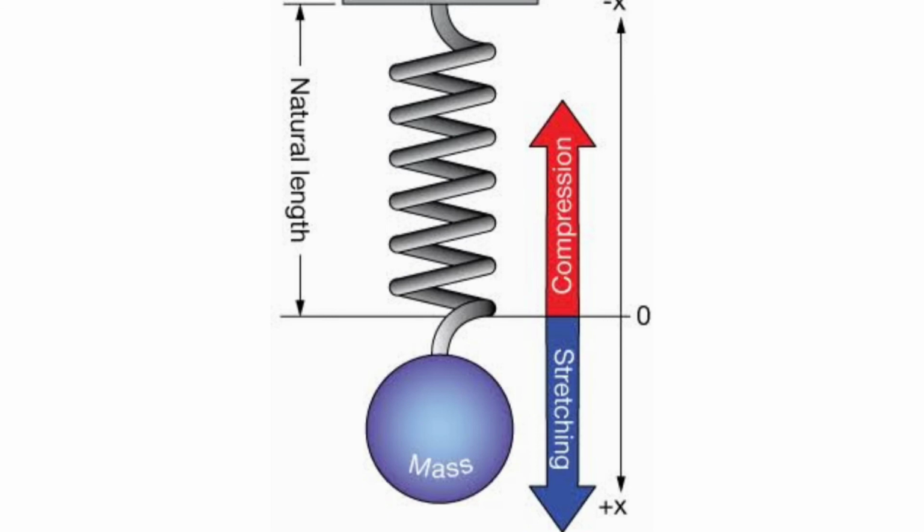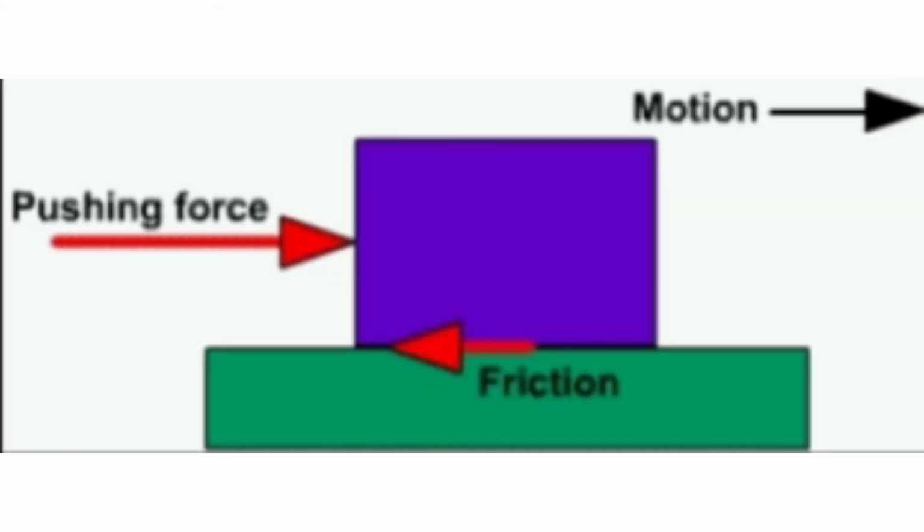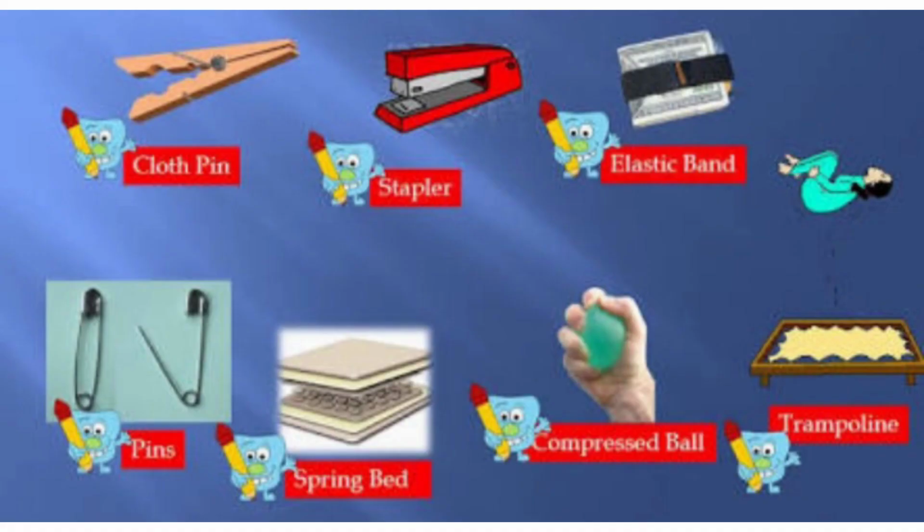Spring force means when an object is pushed together, then when the pressure is taken away, it pops back to its normal self. It means the force exerted by a compressed or stretched spring upon any object that is attached to it. Can you say one example of spring force? Safety pin or stapler, etc.